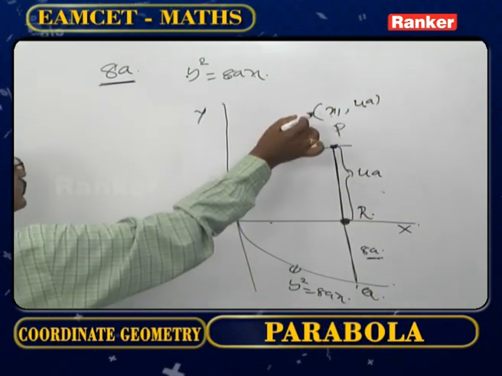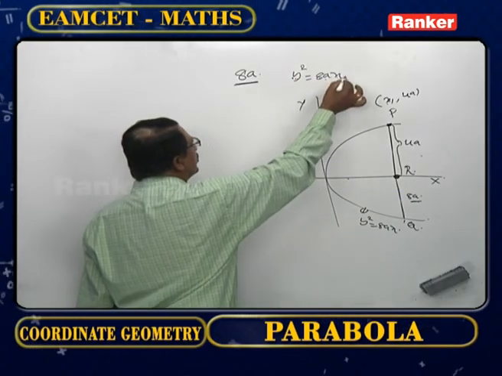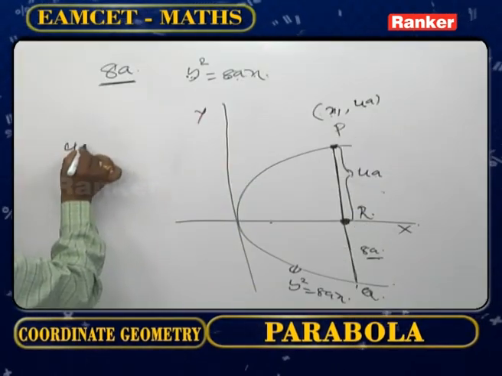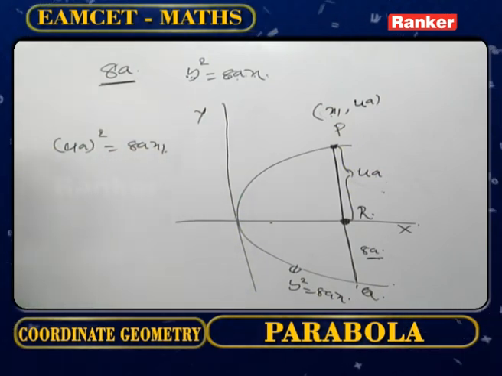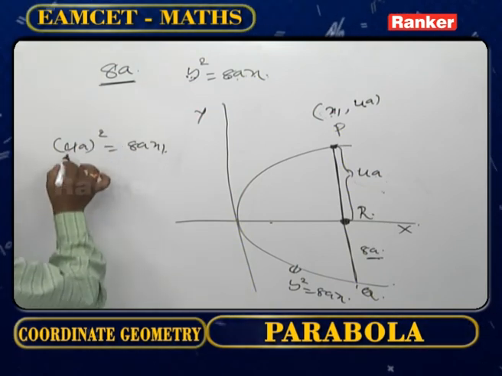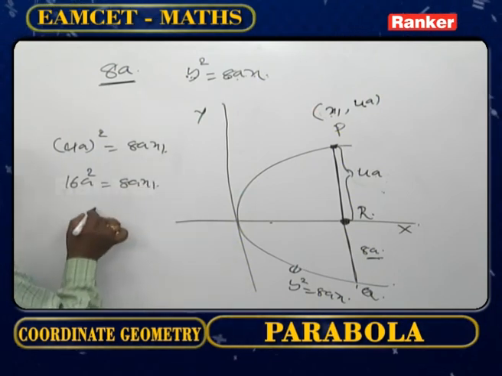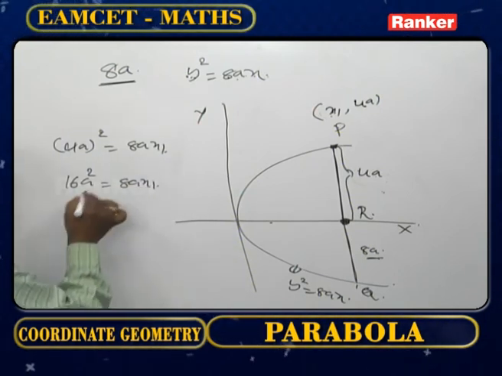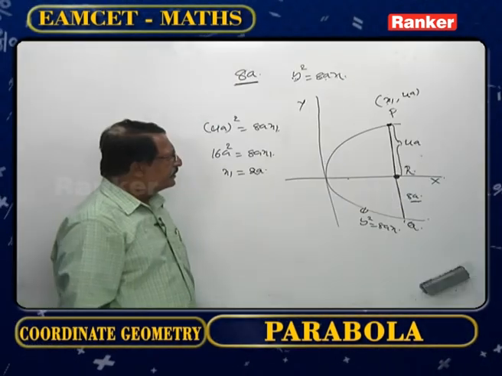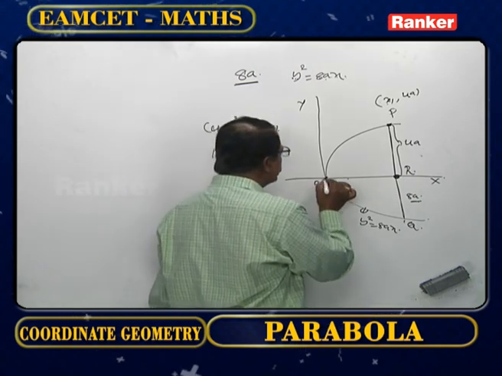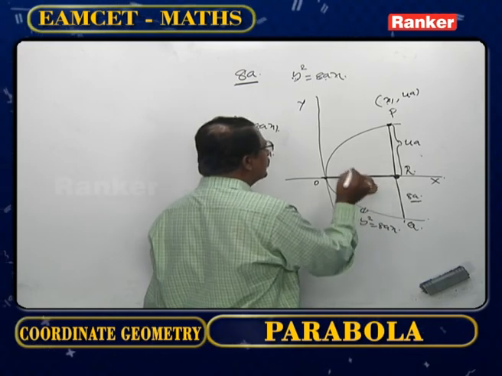Now the point (x1, 4a) substituting in the equation of the parabola y square equals 8ax, then 4a whole square equals 8a x1. Now 16a square equals 8a x1, so x1 equals 2a.